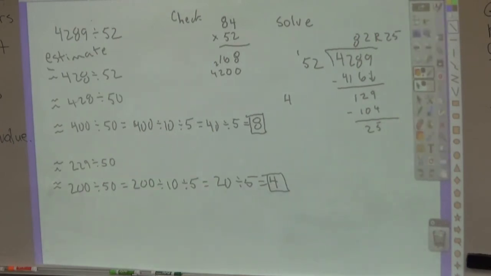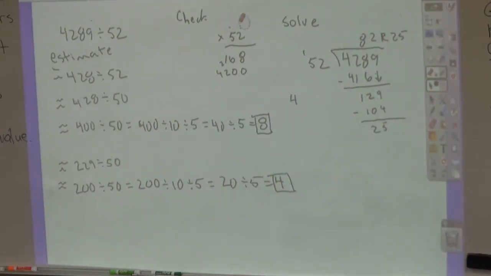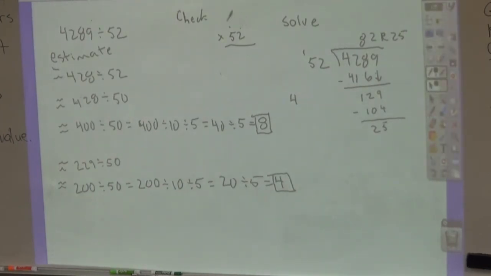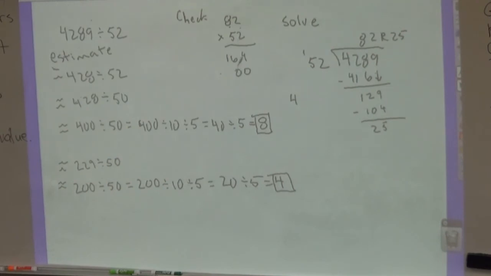So that's 82 instead of 84 that we multiplied up here. 2 times 8 is 16. That's 4, 6, 2, 4. Now 4, 2, 6, 4 plus the 25. That's 9, 8, 2, 4.